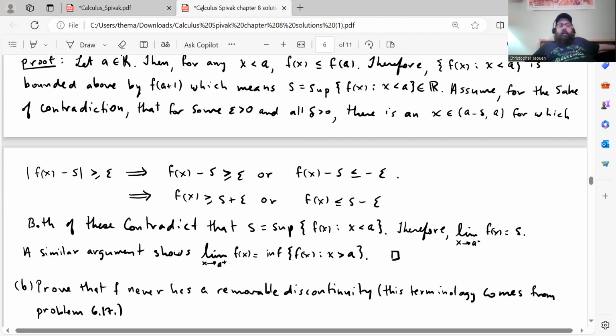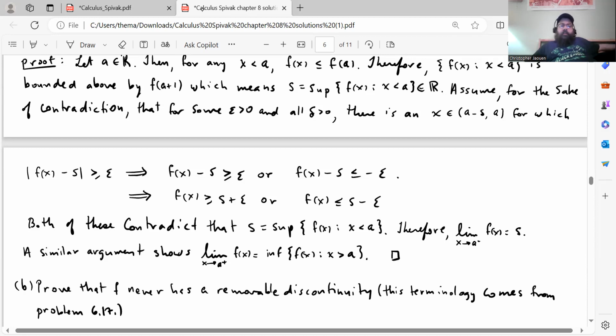This implies f of x minus s is greater than or equal to epsilon, or f of x minus s is less than or equal to negative epsilon, which implies f of x is greater than or equal to s plus epsilon, or f of x is less than or equal to s minus epsilon. Both of these situations contradict that s is the supremum of that set. Therefore, the left-hand limit has to exist, and it's equal to s.